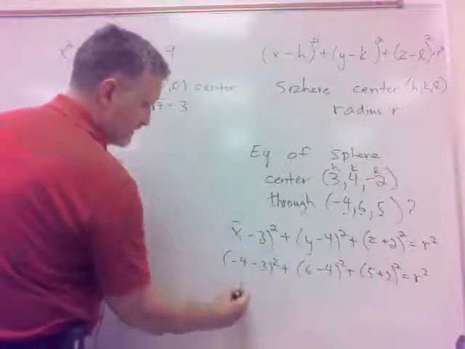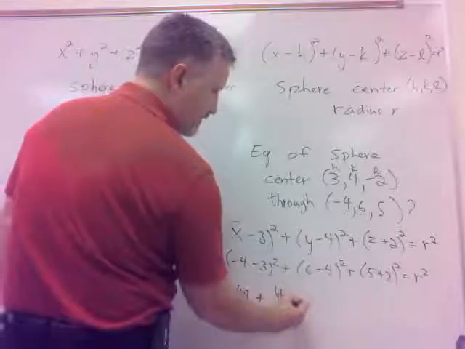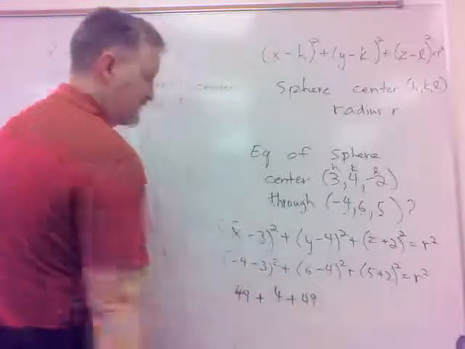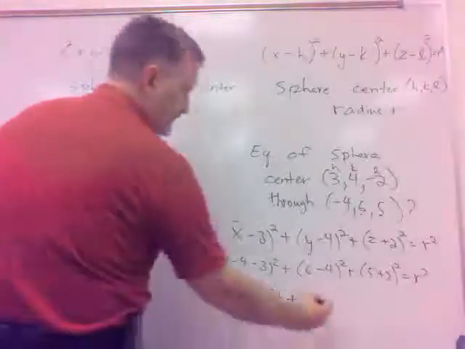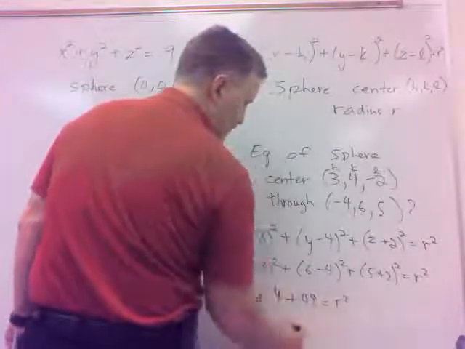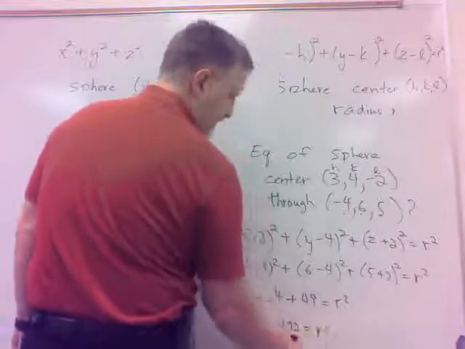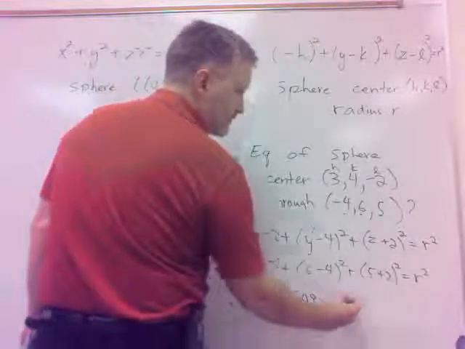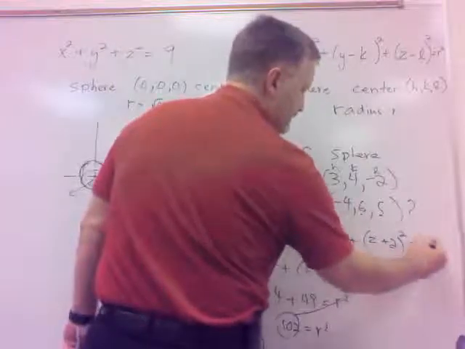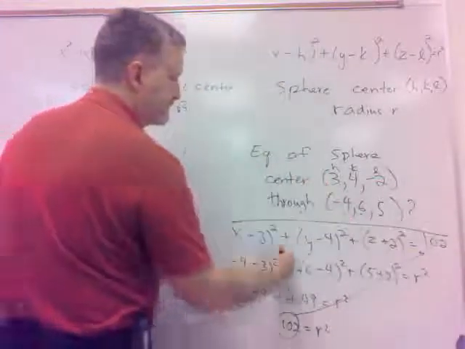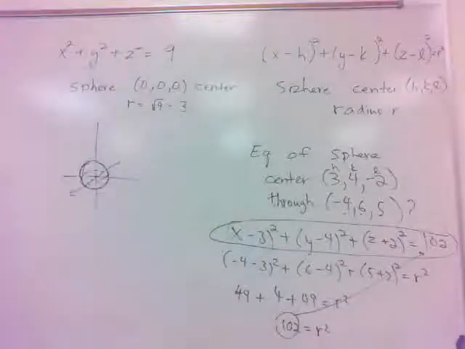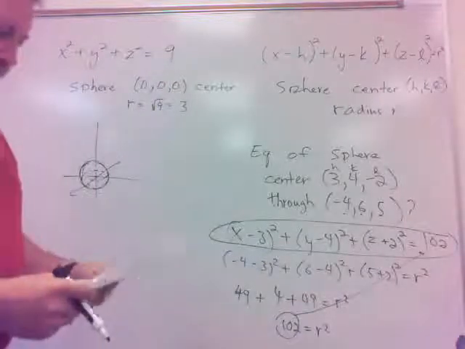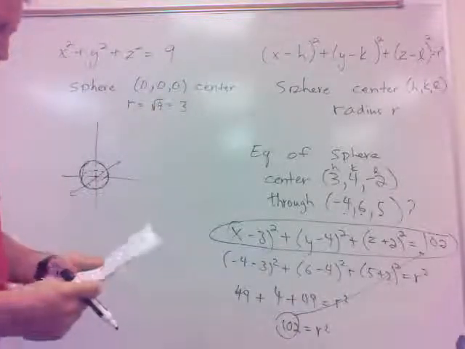Was that 49? 49, 102, yeah. So the radius is the square root of that, but actually we need r squared, don't we? So that's our equation. All right, lots of analogies here.